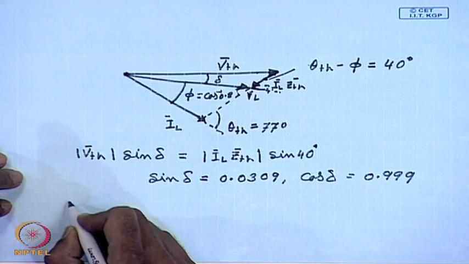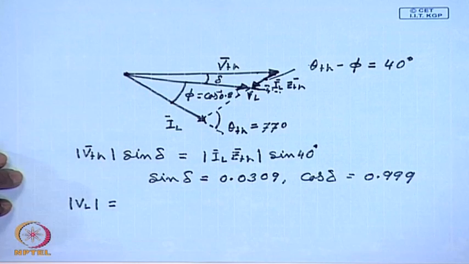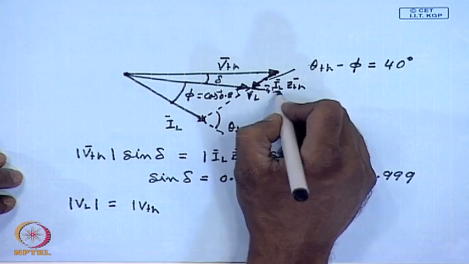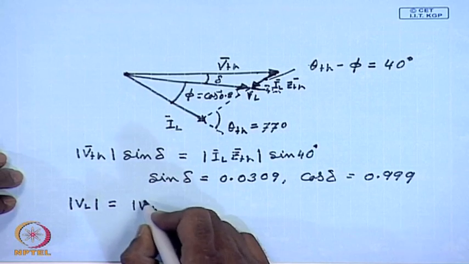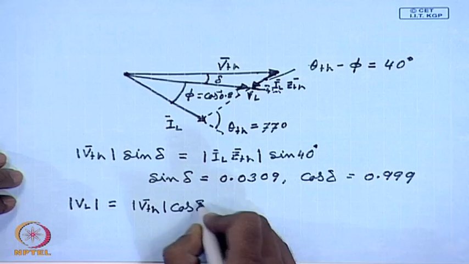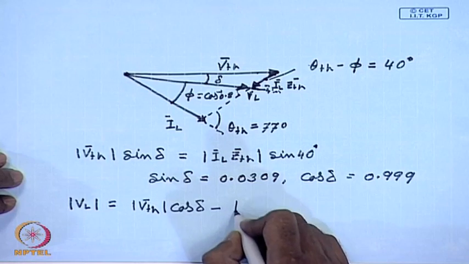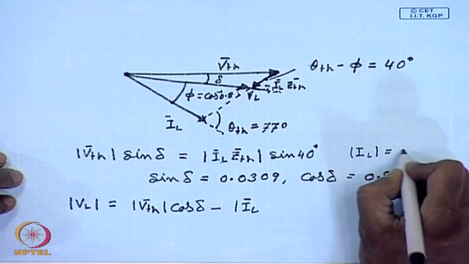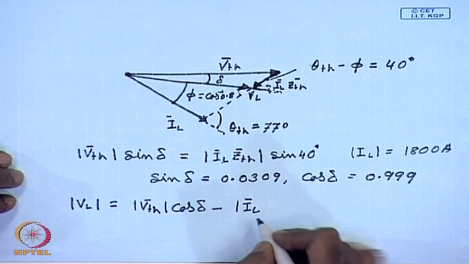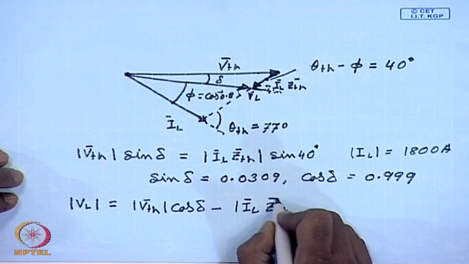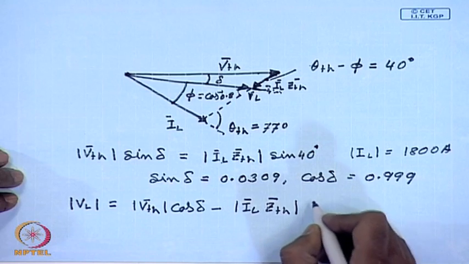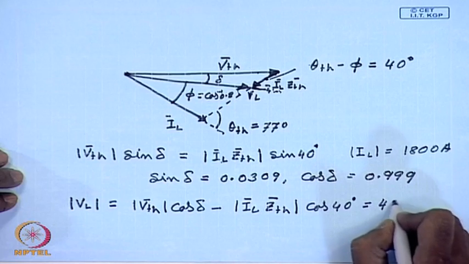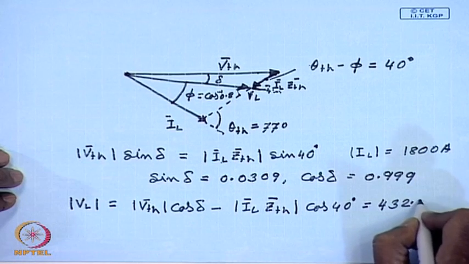and mod VL equal to mod VTH component of VTH minus component of ILZTH cos delta minus, here we know mod IL equal to 1800 amperes. This is equal to 432.24 volts.